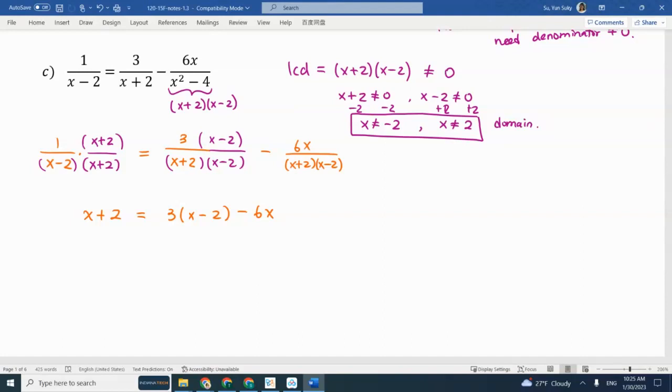Okay, let's keep going. X plus 2. 3 times x is 3x. 3 times negative 2 is -6, and -6x. Okay, let's combine the like terms. What's 3x minus 6x? -3x, right? Okay, what do we do?